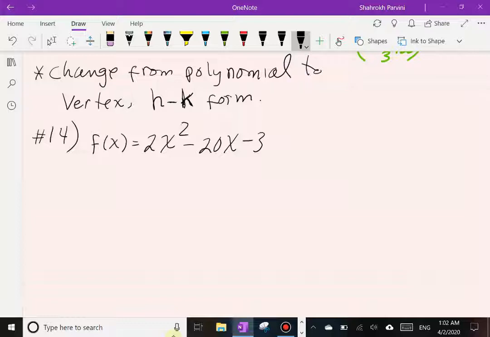Okay, so this is what we call the polynomial form. And the question asks us to write this in the vertex form.